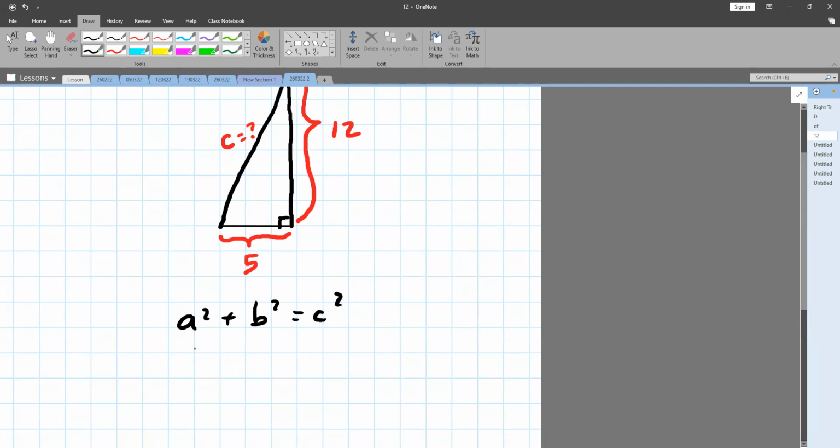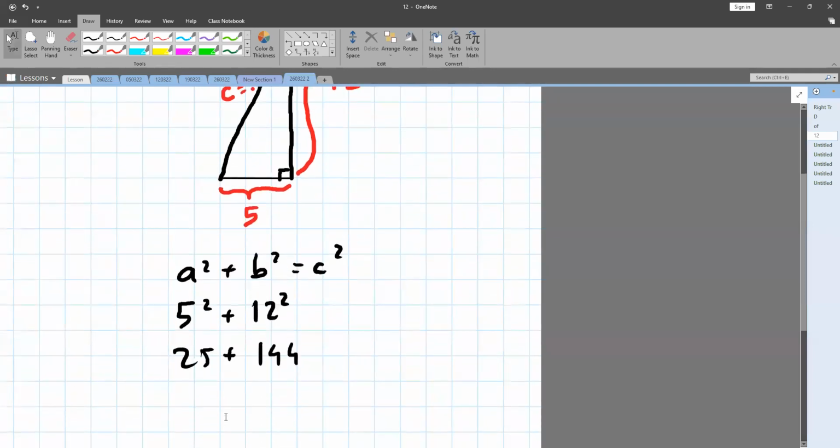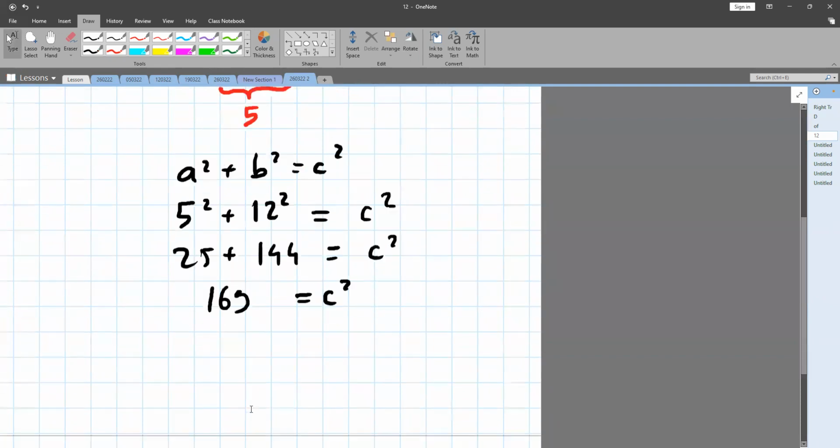Now you put the numbers here, 5 square and 12 square, which gives you 25 and 144. So 169, very good. Now that 169 is equal to C square. When you square C, it gives you 169.